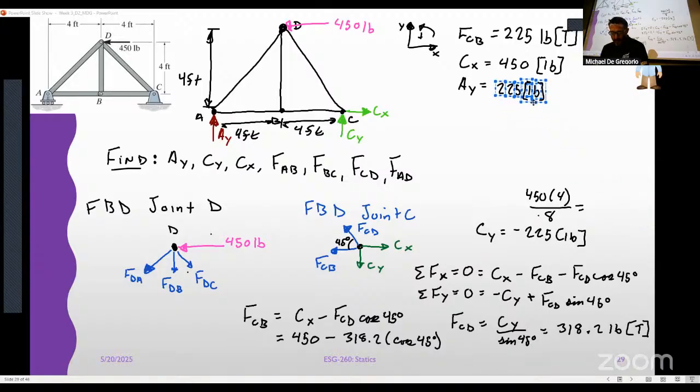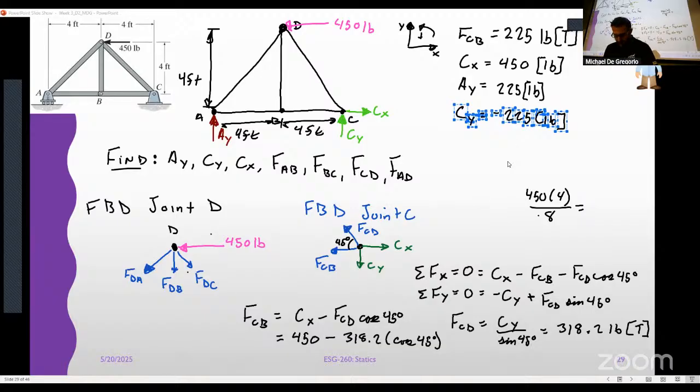Where should we go next after joint C? What do you guys think? Joint A? We could sure do that if we wanted.